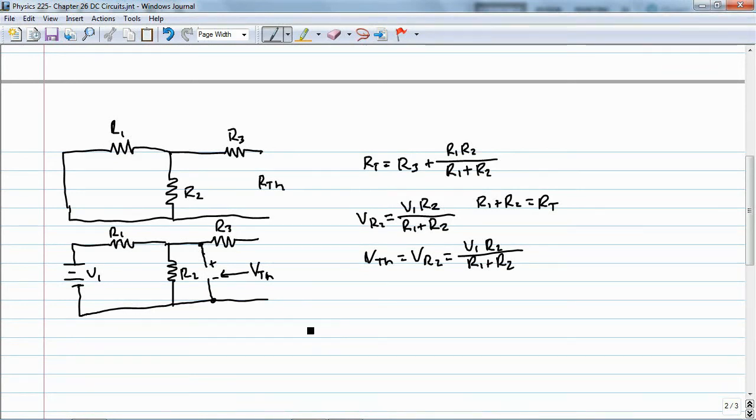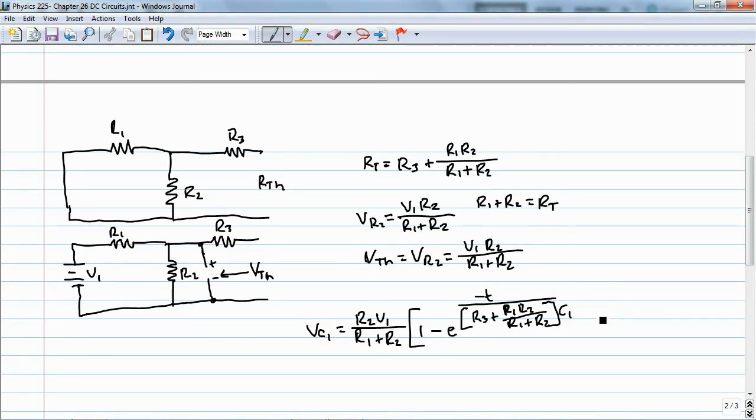Now let's go back and look at our formula that we came up with using that nice long analysis. VC1 is equal to R2 V1 over R1 plus R2 times 1 minus e to the negative t over R3 plus R1 R2 over R1 plus R2 times C1.